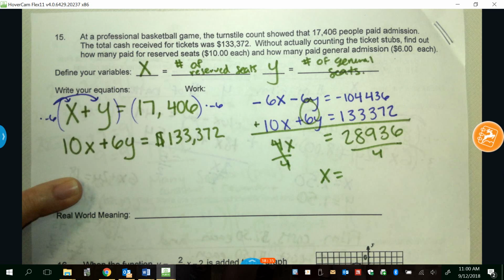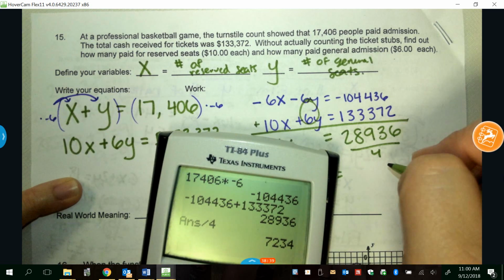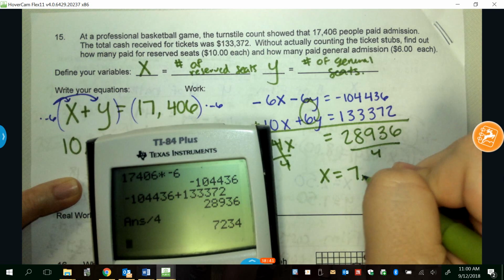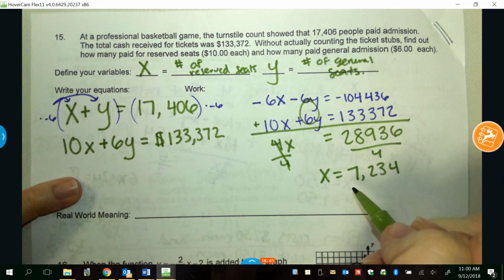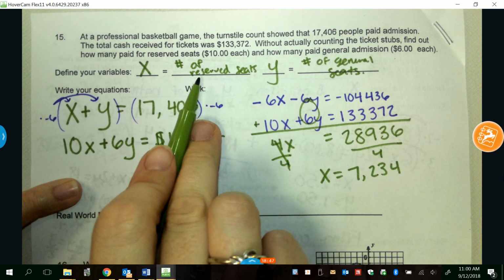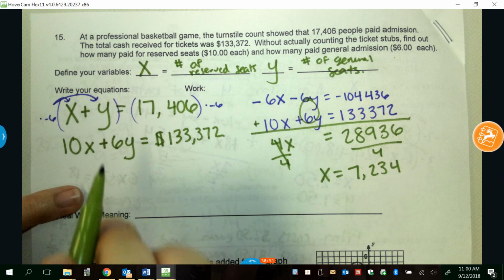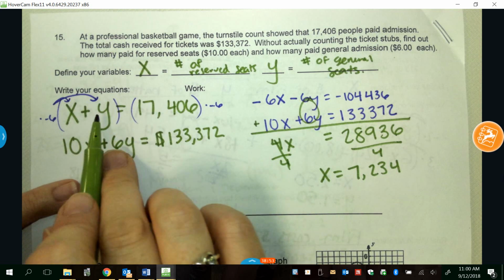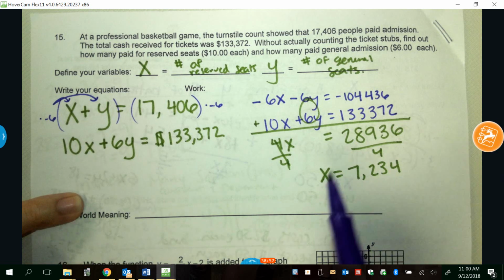So divide both sides by 4. X equals, so let's divide that by 4, 7,234. So what does that mean? That means we sold 7,234 reserved seats. Now we still have to find out general admission. So the easiest one to use is going to be this top one because it's got smaller numbers. So let's use that to plug in.